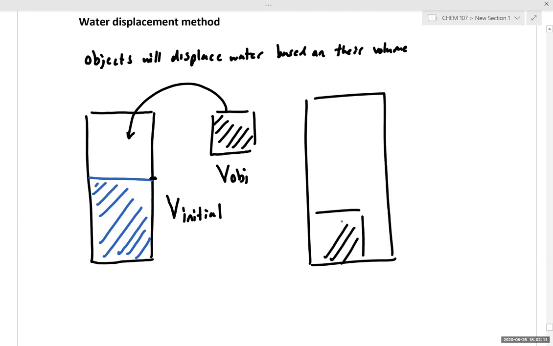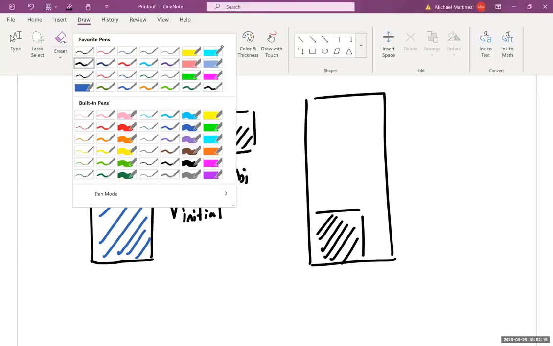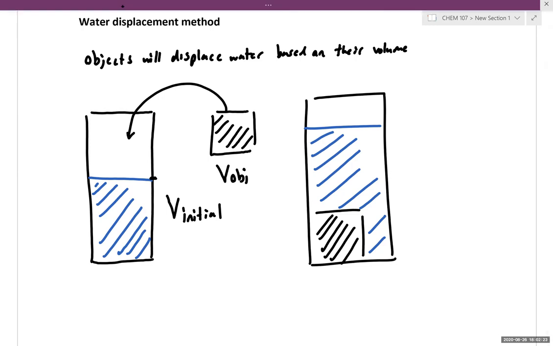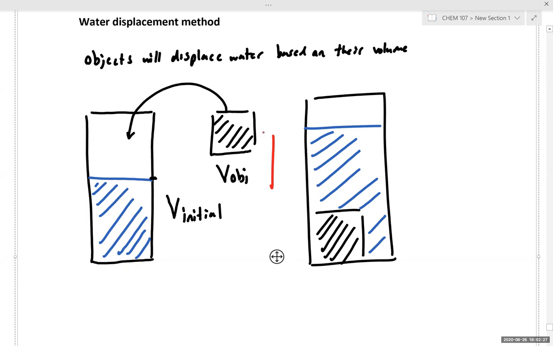So now that we have our object immersed in the water, the level will increase, and it will increase based on the volume of our object. So this difference is equal to the volume of our object.